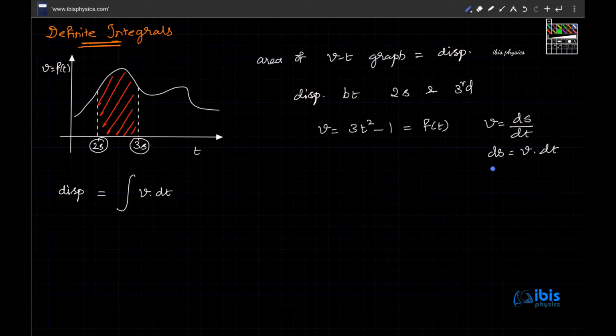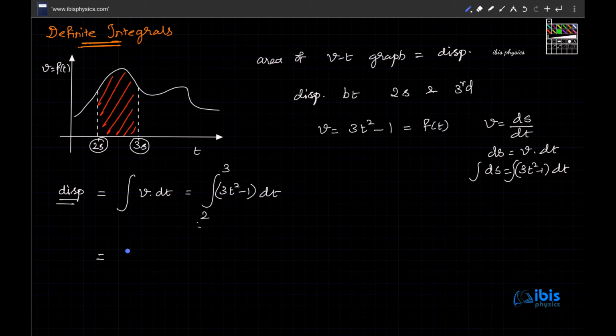Velocity is 3t square minus 1, so displacement is the integral of 3t square minus 1 into dt. But we want the displacement between the second and third second, so it is the integral from 2 to 3. This is called the lower limit and this is called the upper limit.